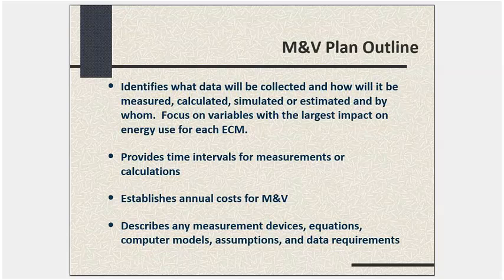And then, having a good description of measurement devices, how those devices are calibrated, are they up to snuff in terms of accuracy, are the equations well defined, assumptions, and all the data that's required to be collected to actually go into an M&V plan. Why is that important?